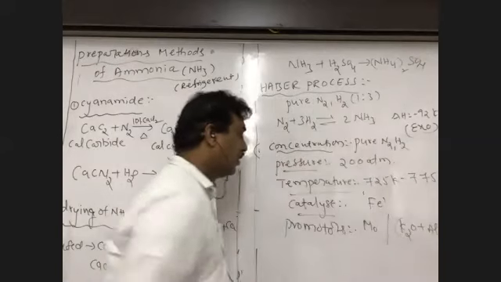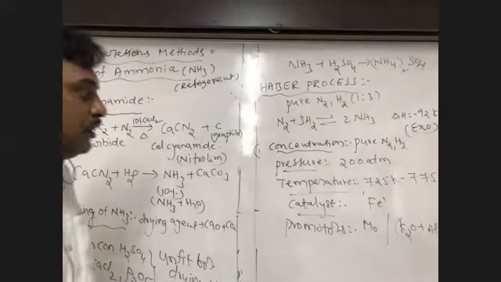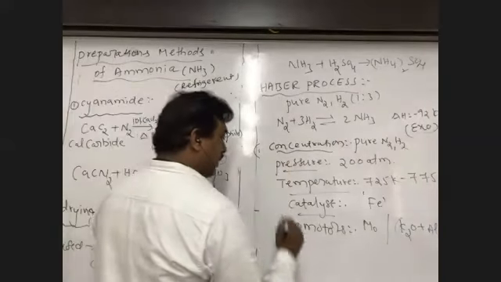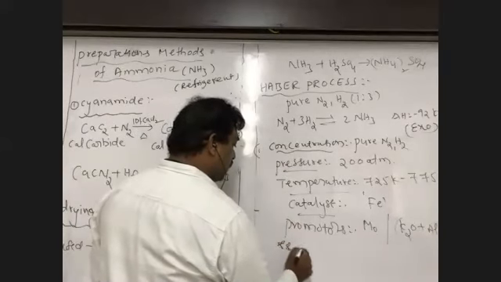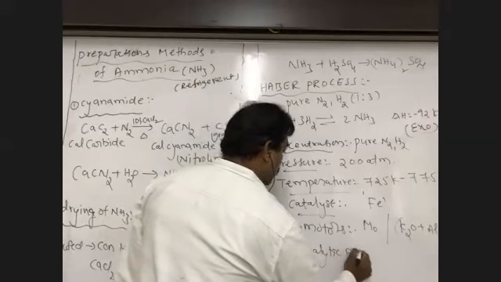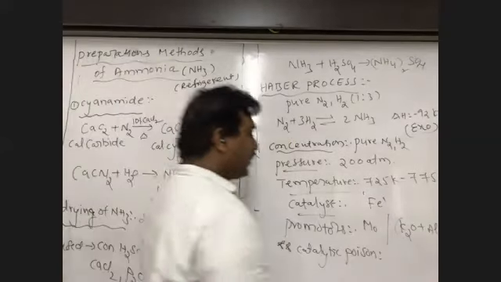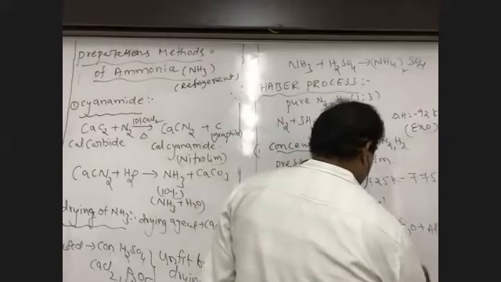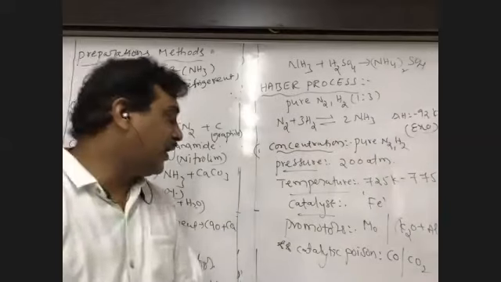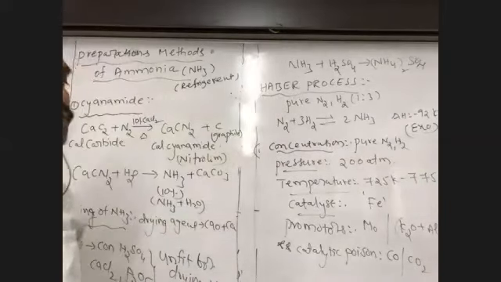The important point is the catalytic poison present in the Haber process. The catalytic poison used in the Haber process is CO or CO2. Carbon monoxide or carbon dioxide acts as a catalytic poison for the Haber process.